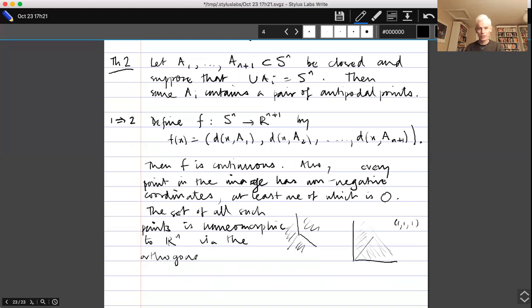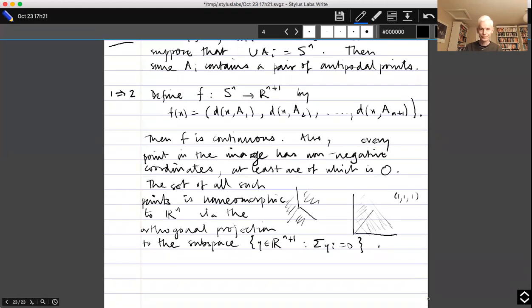So this is a map that will give us a homeomorphism to the subspace, the set of all y in R to the n+1 such that the coordinates add up to 0. Well, it's a projection in the direction (1,1,...,1). So therefore, if we compose with this homeomorphism, we've mapped to Rn.